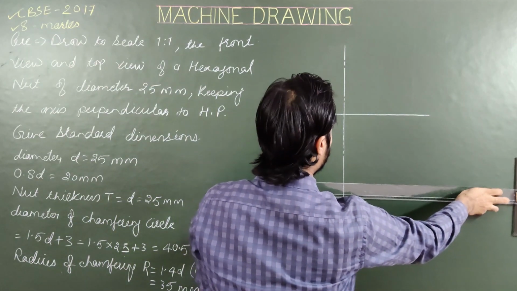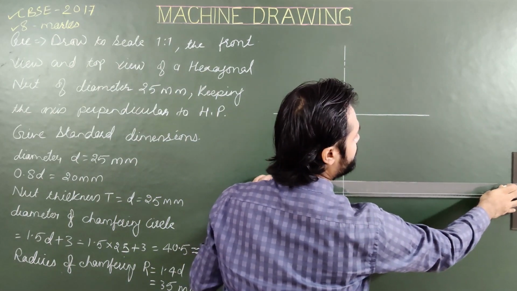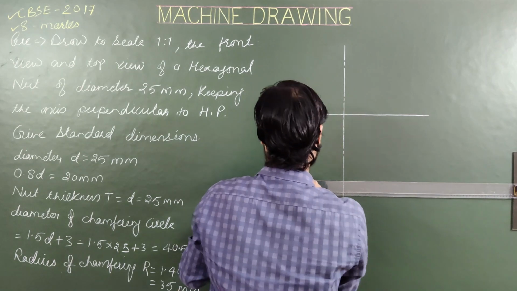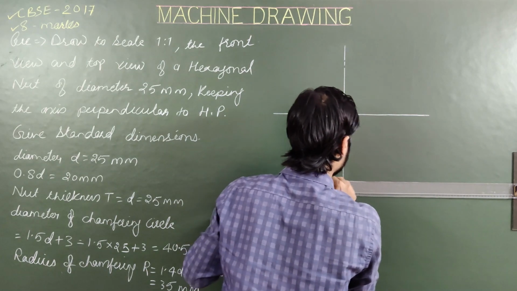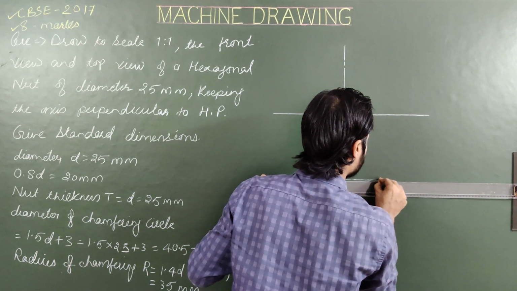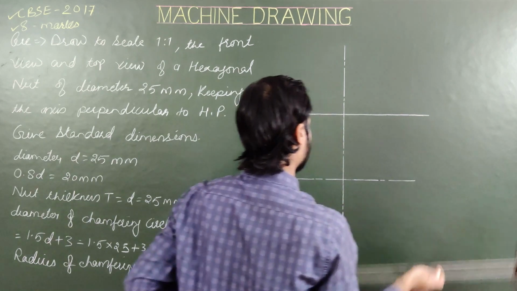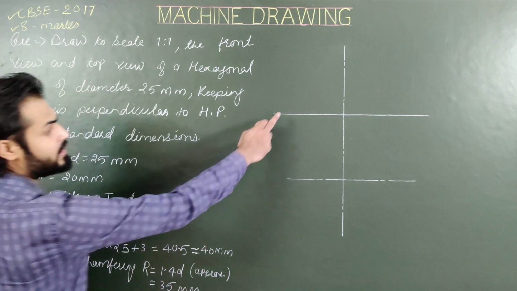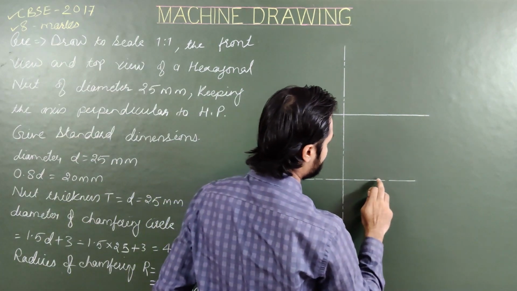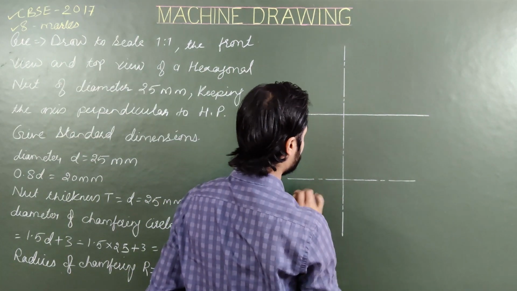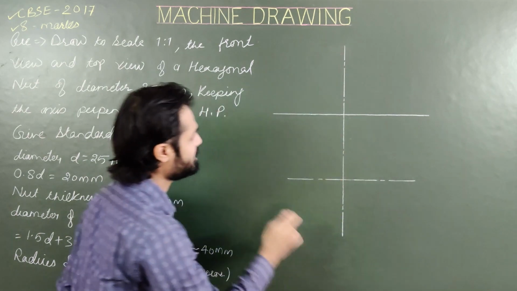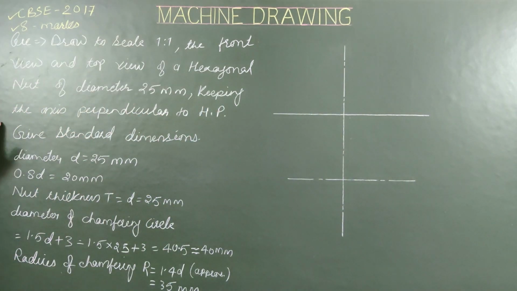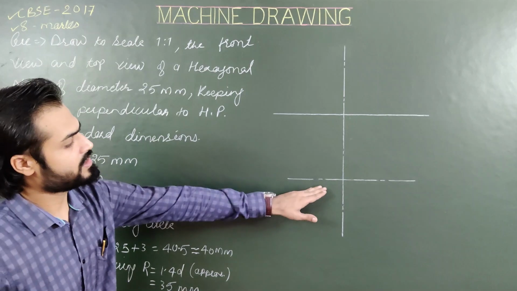Then draw another line parallel to XY, locating the center of its top view, right. First line, reference line parallel to the bottom base edge of the sheet. Second line, vertical line for its axis. And third line, it's a central line for its top view.